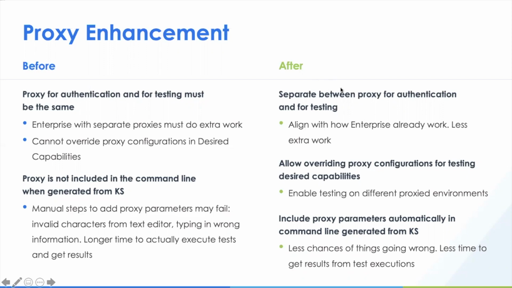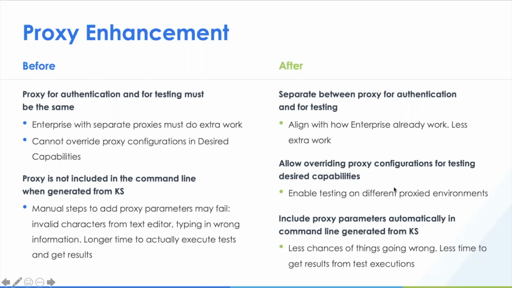And specifically, we separate between two types of proxies: authentication proxy and system proxy. So the authentication proxy is the proxy that all of the requests that authenticate with Katalon will pass through. So activation, deactivation, plugin reloads, activation from runtime engine, all of these network requests will pass through the authentication proxy.